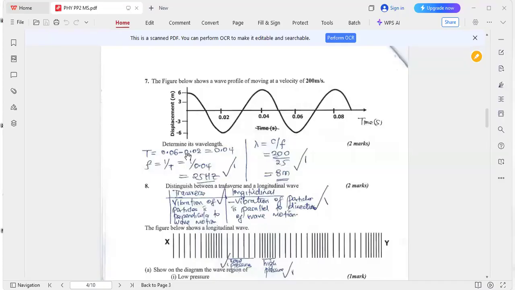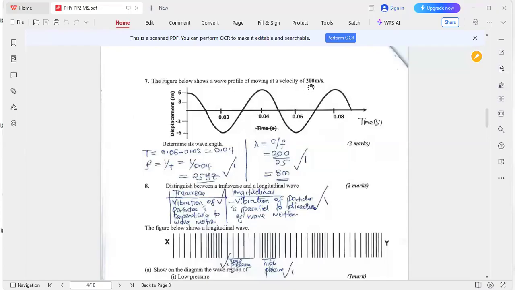So 0.06 minus 0.02 gives us 0.04 seconds as our periodic time. Then we know that frequency equals 1 over T. When we substitute, we get frequency as 25 Hz. Then after that, we apply the wave equation. The wave equation says V equals lambda F.